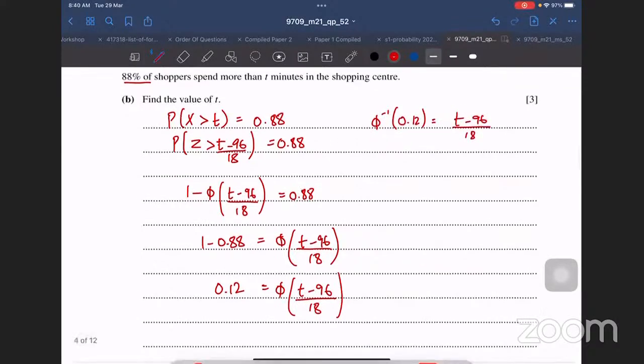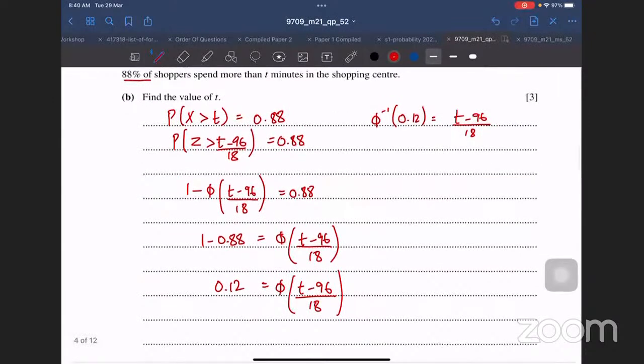Okay, since I can't read this from the table right now, what I'm going to do is introduce a minus and subtract from 1 inside. So I'm basically reading a negative value from the table for 0.88.